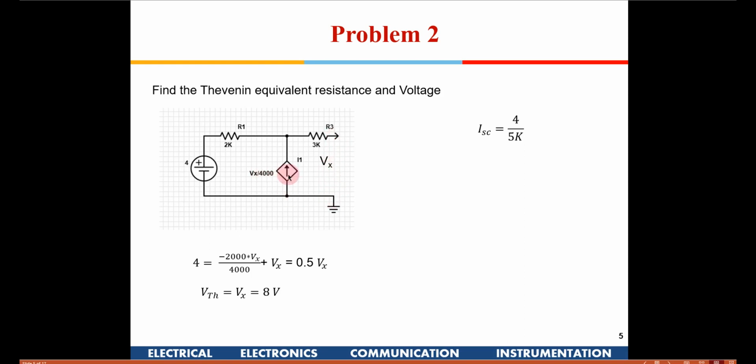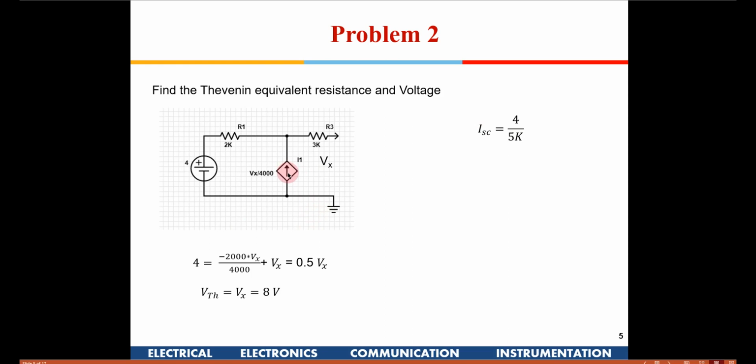So this is a current source which is providing 0 current, so that is why this has to be left open. Right, now if this is open, then the short circuit current will be merely 4 divided by 3k plus 2k, 5k. Is this clear to all of you? Yes. Okay. So only be careful with that. Now you understood why this is left open?